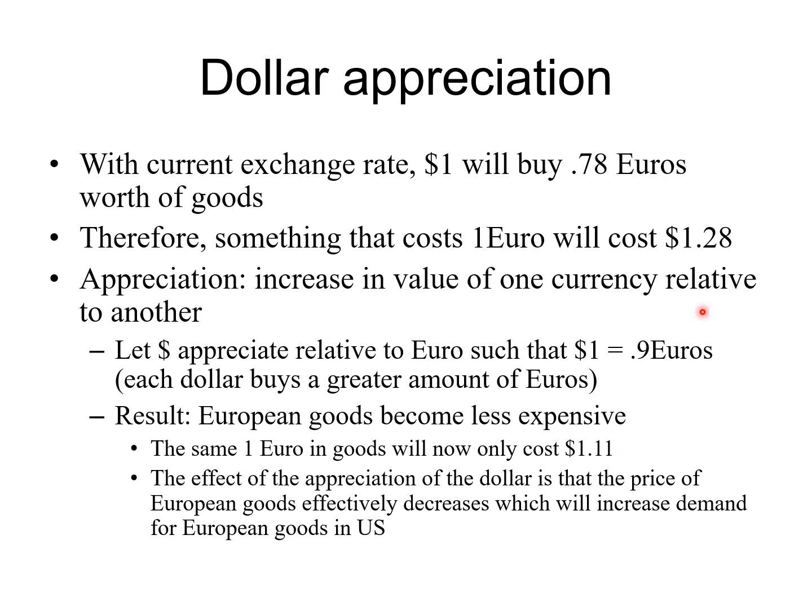If you take a European good that is worth €1, that would cost $1.28. But when the dollar appreciates, that same good, which costs €1, would now only cost $1.11. This has the relative effect of making the European good less expensive. That's going to help American importers.